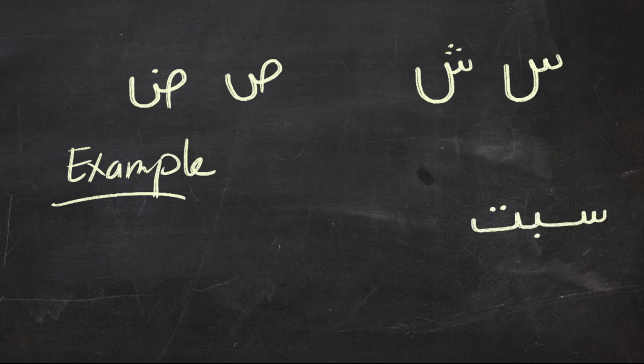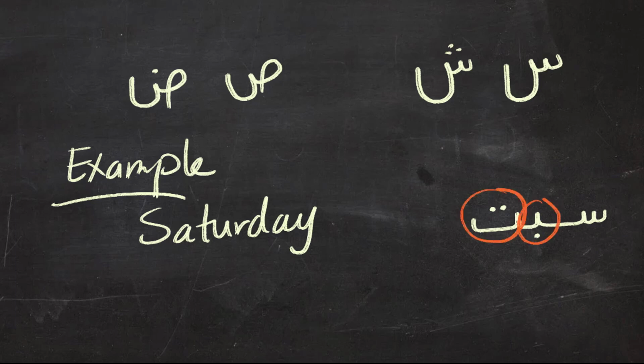Sept means Saturday. Notice how the ba is connected to the sin from the right and ta from the left. Remember how we used to attach these two letters? Very important. Don't forget it. Keep repeating because this is the way to learn the language properly.